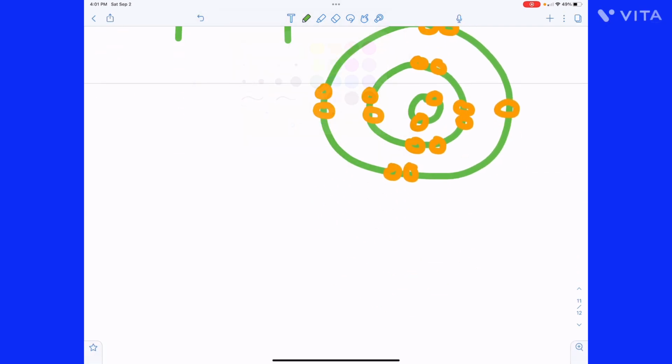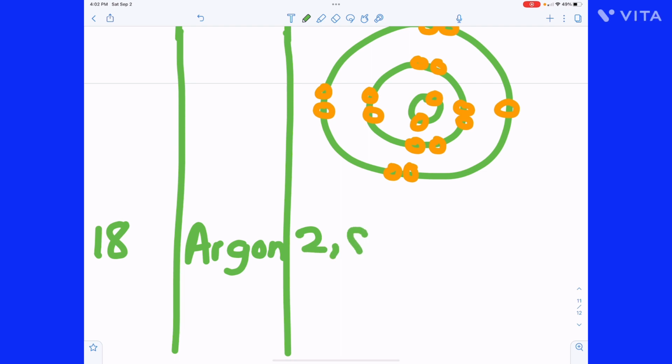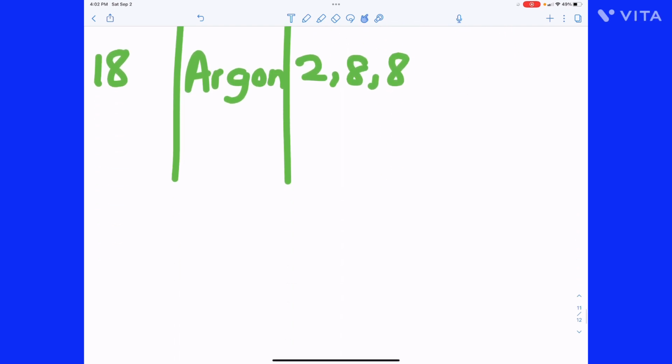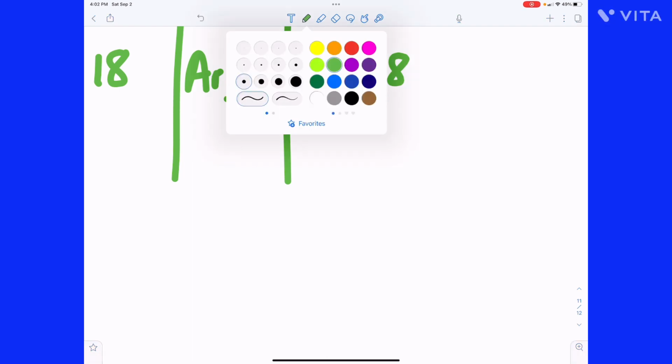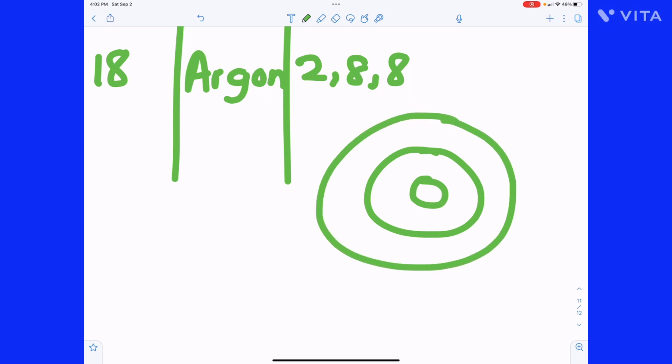After chlorine is argon, 18. Argon is 18. That's 2, 8, 8. So first shell 2 electrons, second shell and third shell 8 electrons.